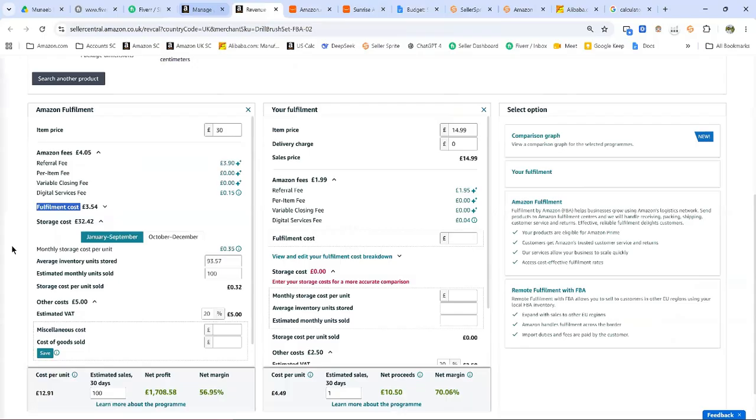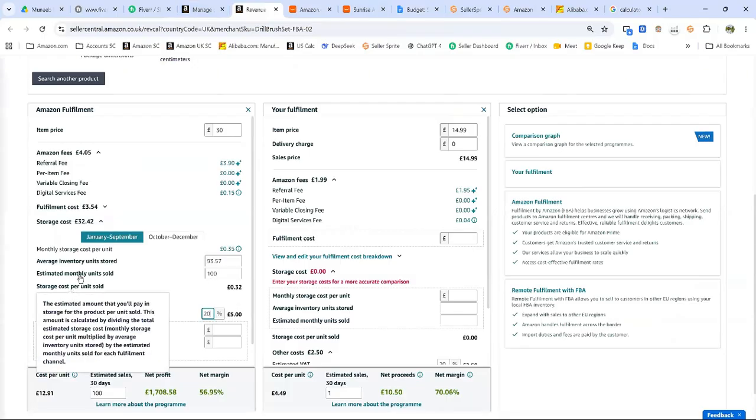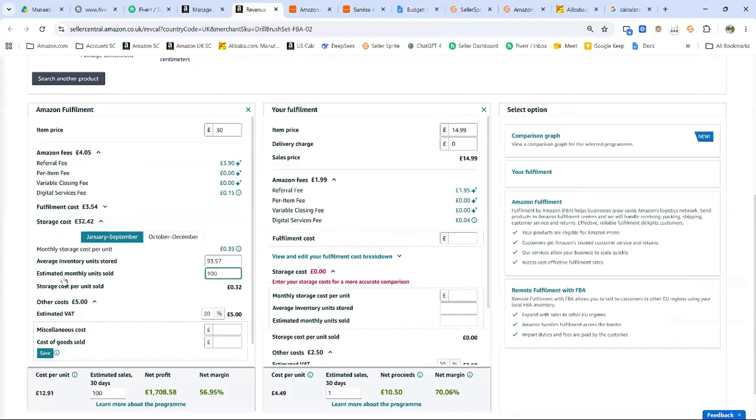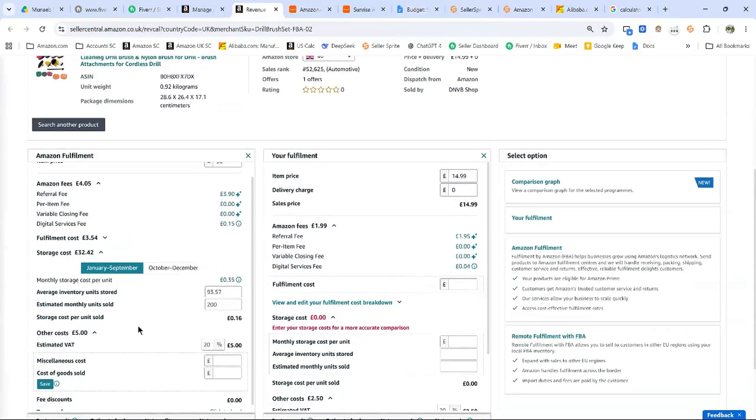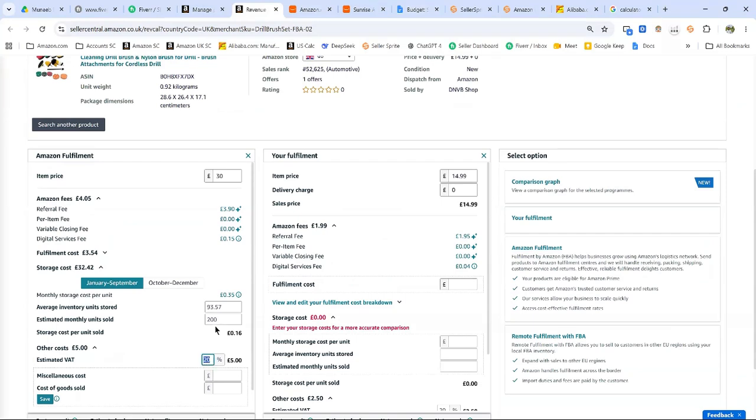In this case, if you see, the storage fee per unit is estimated monthly at around 0.1, 0.2. That's usually very low in case you are selling well. If you are not selling well, then your storage fee will increase.